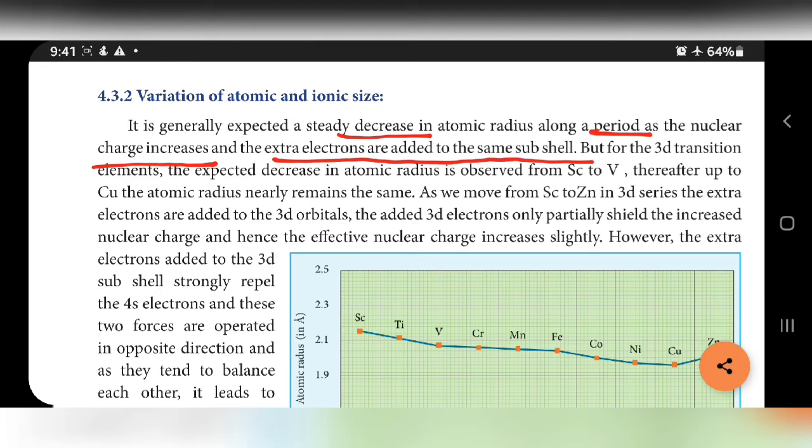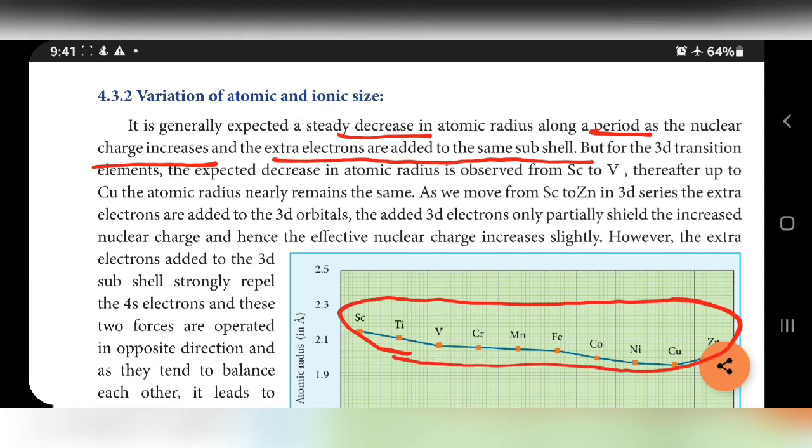But for the 3d transition elements, from scandium to zinc, the expected decrease in the atomic radius is observed from scandium to vanadium only.